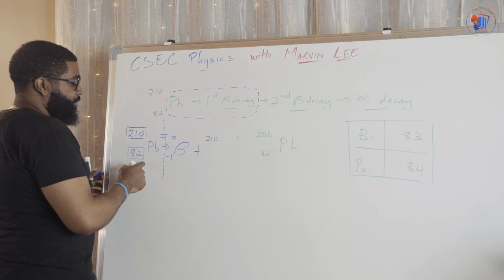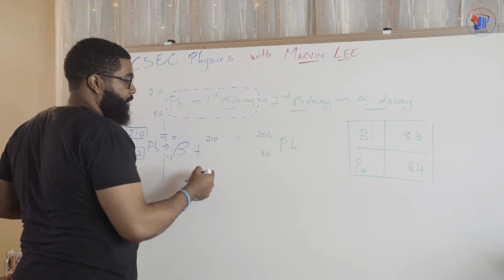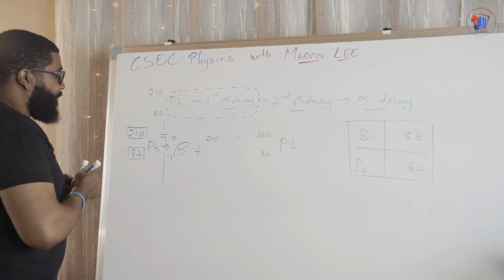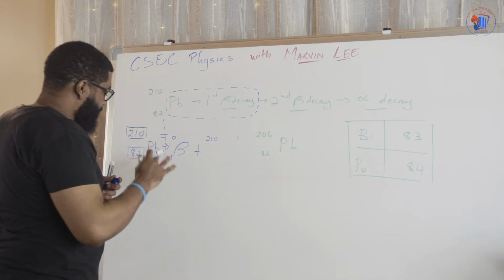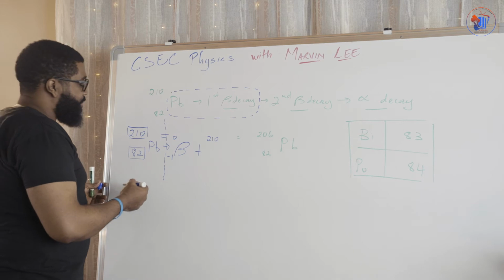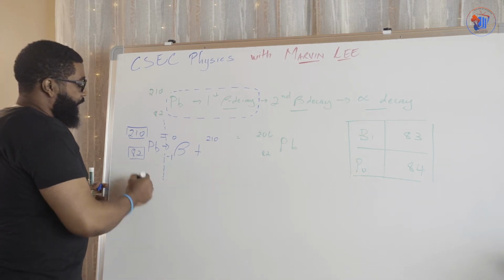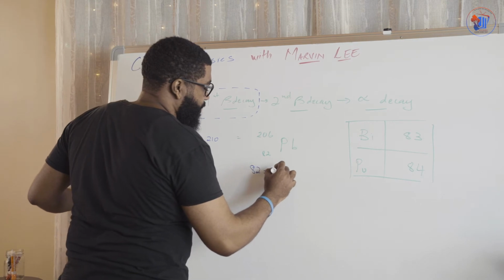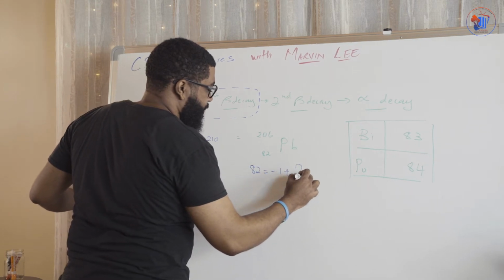And 82 is equal to minus 1 plus something. Now, this is important, and it actually does trip a lot of students up. 82, I have to write it separately. 82 is equal to minus 1 plus some unknown.